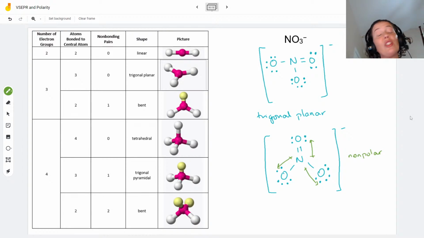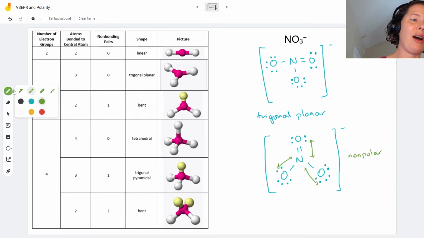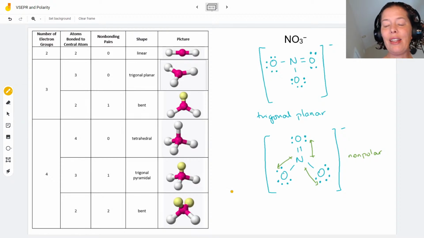So, of course, my question to you is, how would I make this a polar molecule? And hopefully you'd say, oh, Karin, that is just not a problem. All you need to do is change one of those oxygens into a sulfur.